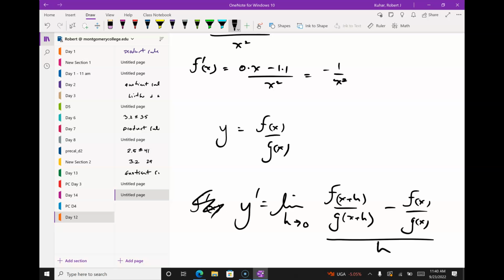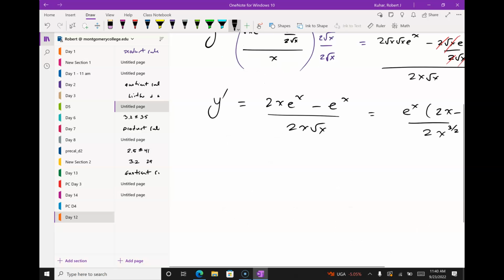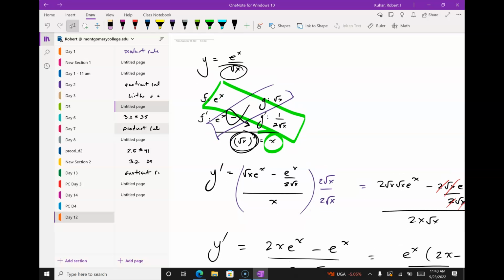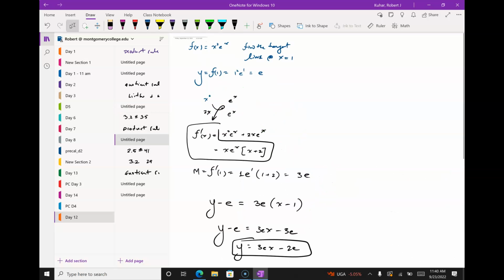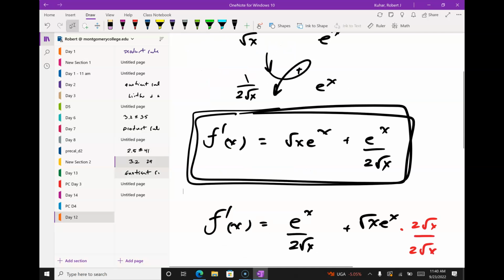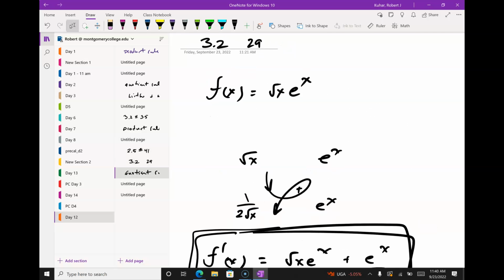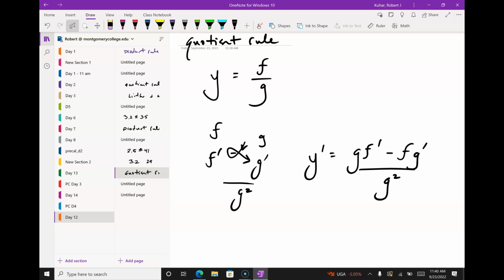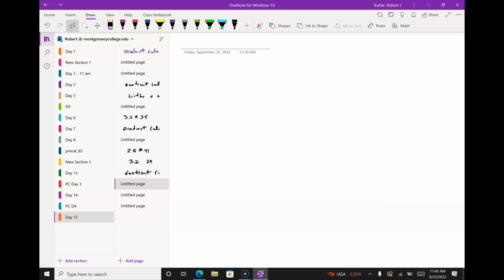All right, let's do another one. Let's do a tangent line with this function: f of x equals 2x over x squared plus 1, and let's do a tangent line at x equals negative 2.